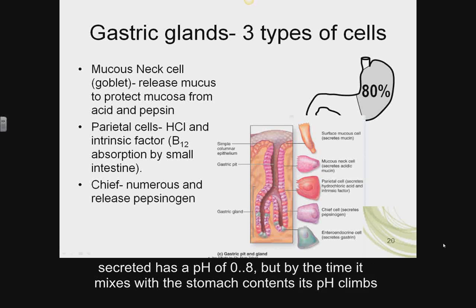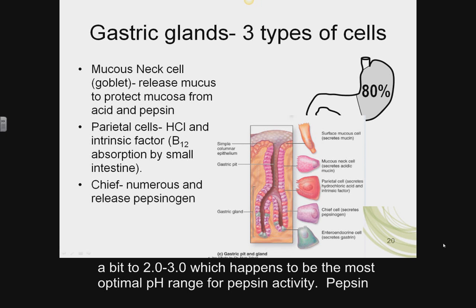That means it unravels them from their quaternary, tertiary and secondary structures down to their primary structure. That means the pepsin now has an easier time to break apart the peptide bonds in between the adjacent amino acids. You should be hearing that protein digestion begins in the stomach with the action of pepsin.